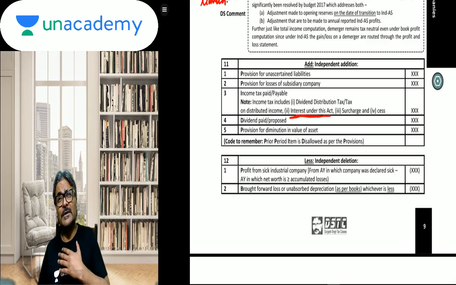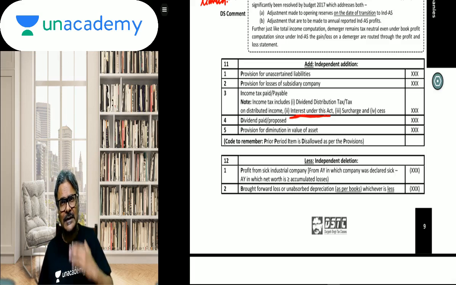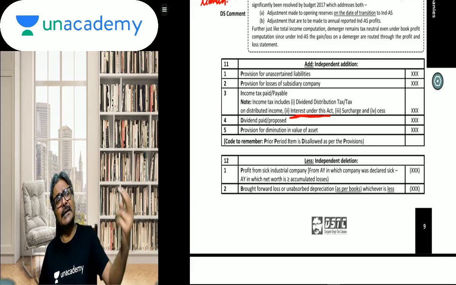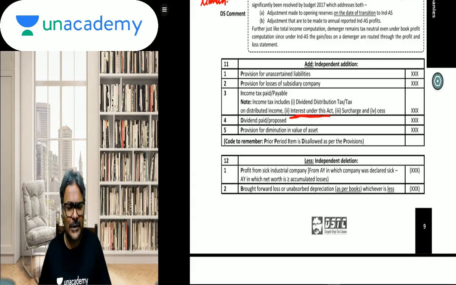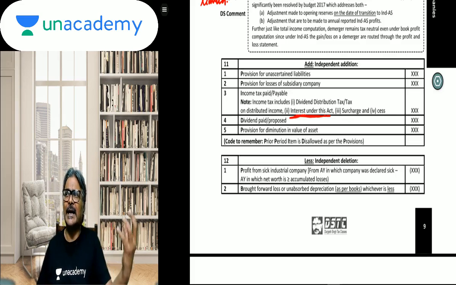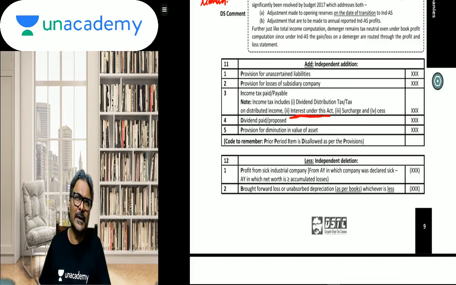So here, if there is a holding company, then as per the income tax general principle, can the holding company carry over the loss of the subsidiary company or provide for the loss that they had in the subsidiary company? The answer is no.